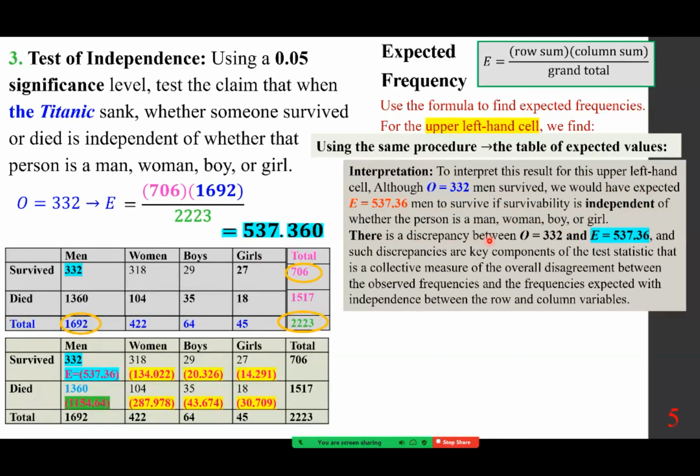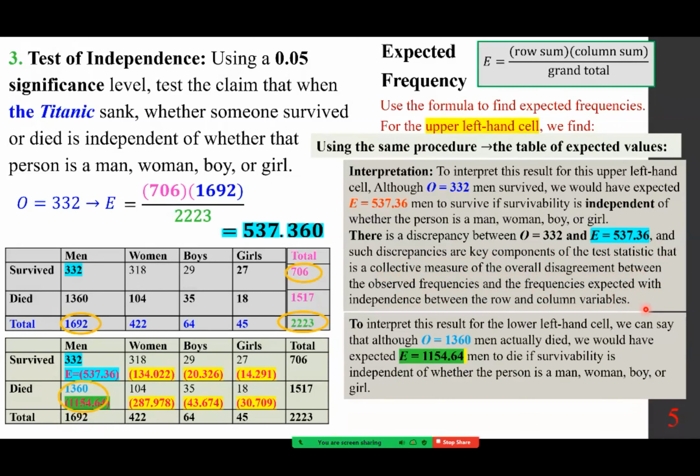There is a discrepancy between this observed value of 332 and this expected value of 537.36, and such discrepancies are key components of the test statistic that is a collective measure of the overall disagreement between the observed frequencies and the frequencies expected with independence between the row and column variables.